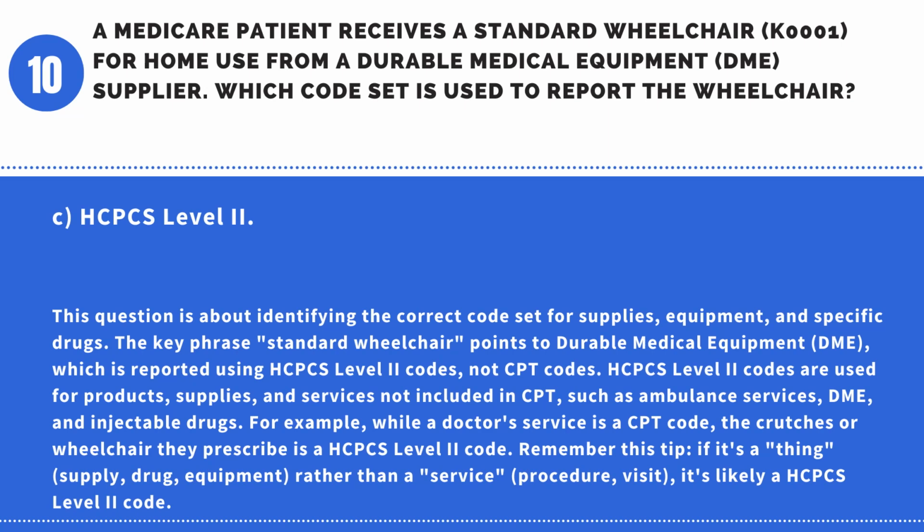HCPCS Level II codes are used for products, supplies, and services not included in CPT, such as ambulance services, DME, and injectable drugs. For example, while a doctor's service is a CPT code, the crutches or wheelchair they prescribe is a HCPCS Level II code. Remember this tip: if it's a thing, supply, drug, equipment, rather than a service, procedure, visit, it's likely a HCPCS Level II code.